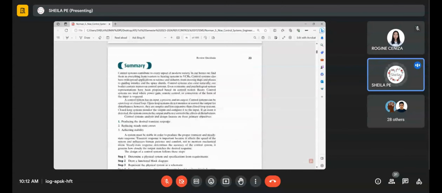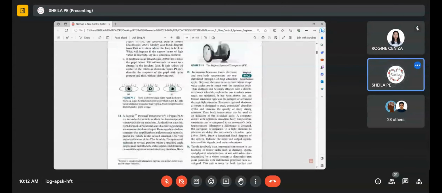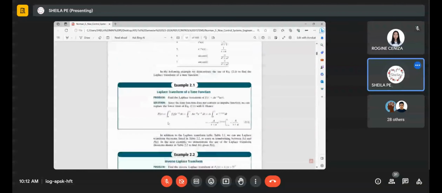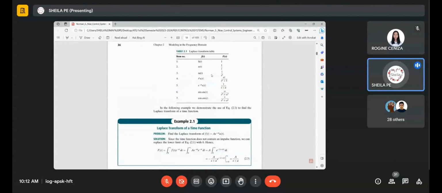So for that, class, we have the equivalent Laplace transform, right? For our impulse, delta t, we have 1, and for the unit step we have 1 over s.